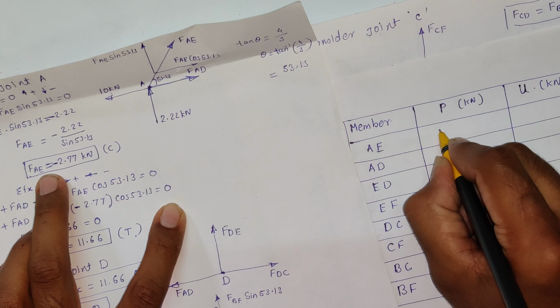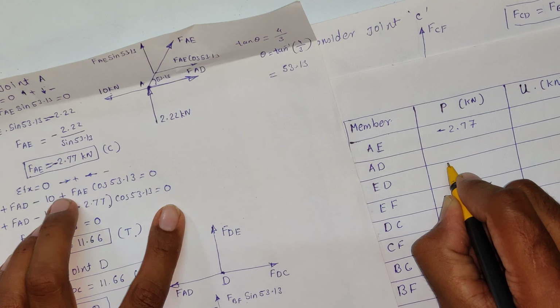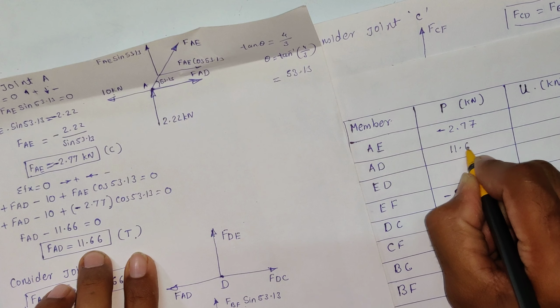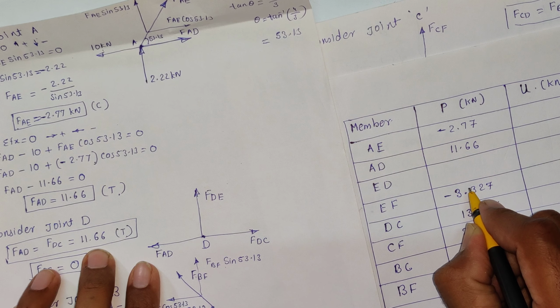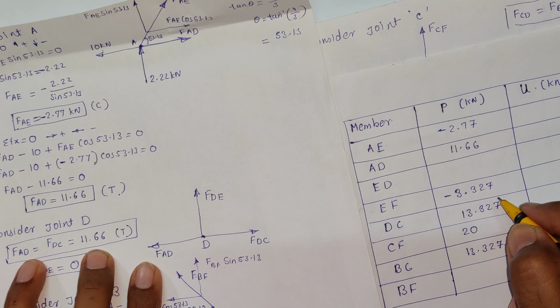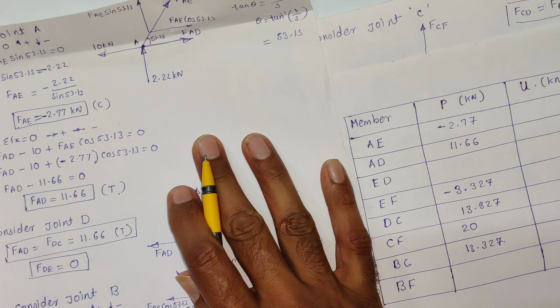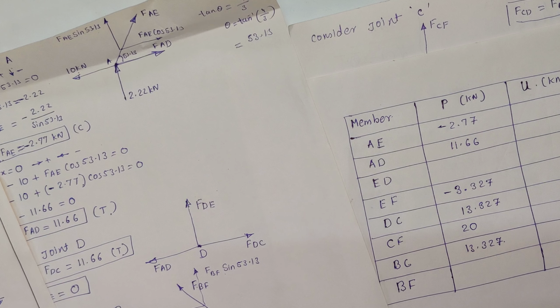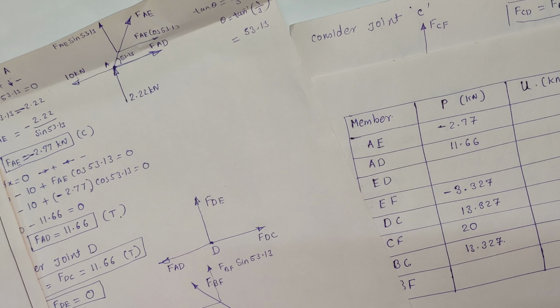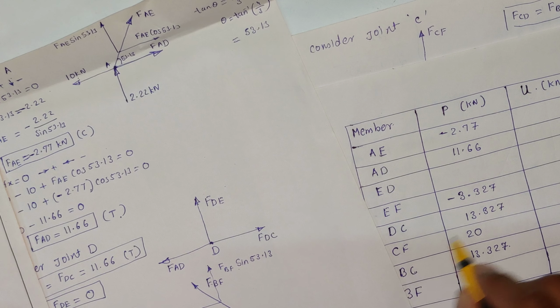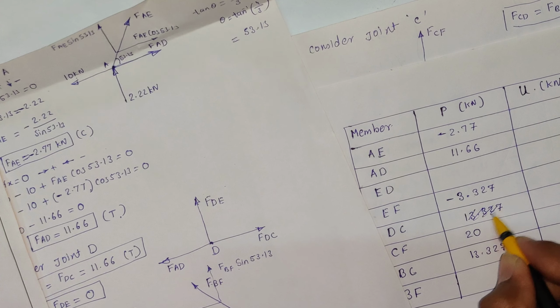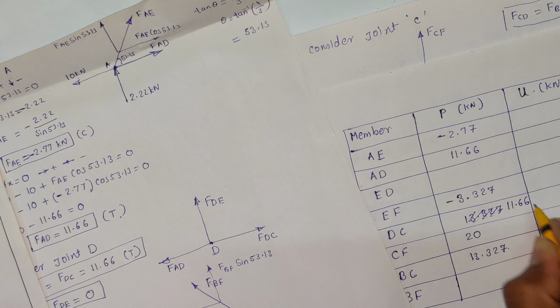AE is minus 2.77, AD 11.66 tensile. DC is equal to AD, which is 11.66, right?